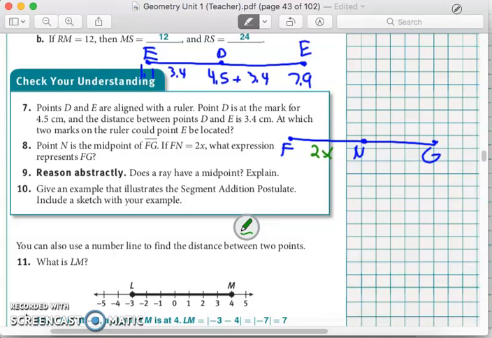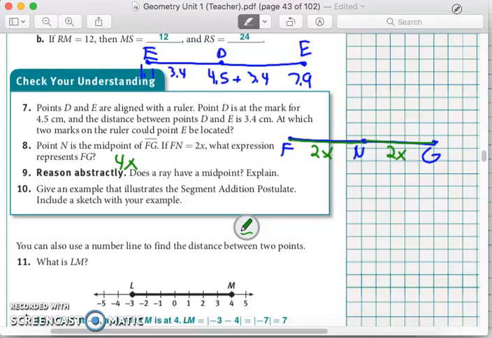So if FN is 2x, NG has to be 2x also, because N is the midpoint. So what's an expression for FG? Well, it's part 2x plus the other part 2x. Part plus part equals the whole. 2x plus 2x is 4x. So that's the expression we could use for FG.